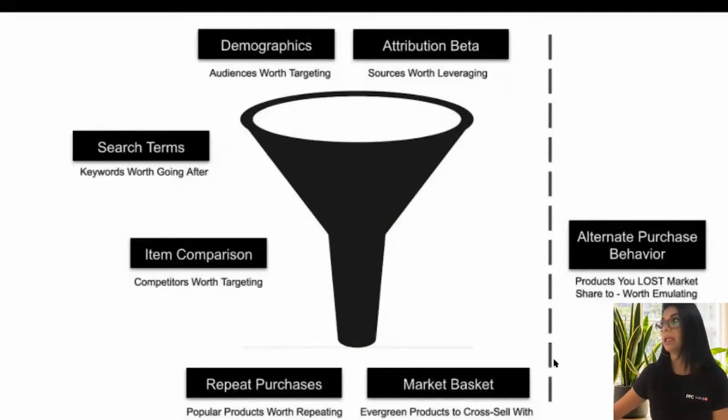And then here on the side, where people exhibited alternative purchase behavior, that's basically products you lost the market share to. So this is worth emulating. These guys are not interested in your product right now, but once you've implemented some of the interesting things that they're doing, then you can start becoming attractive to this audience as well.